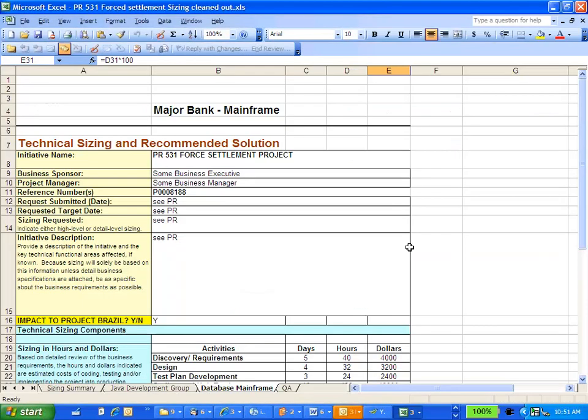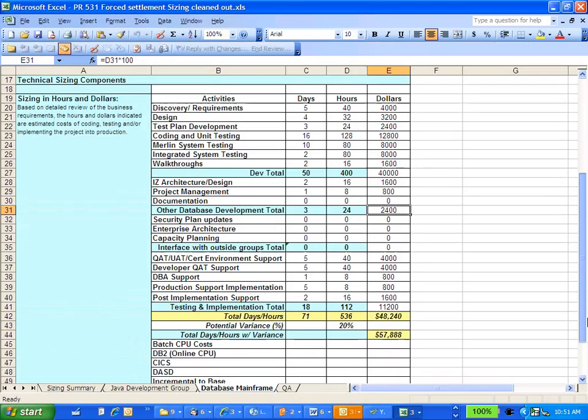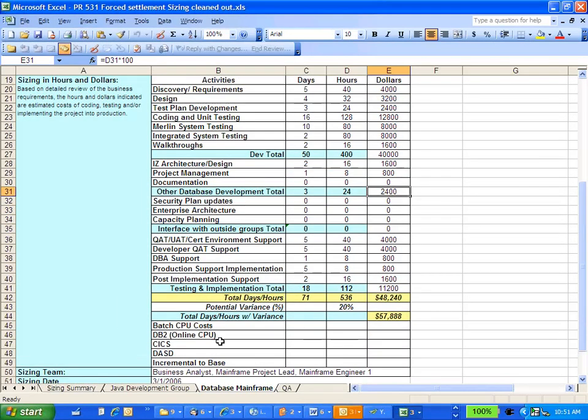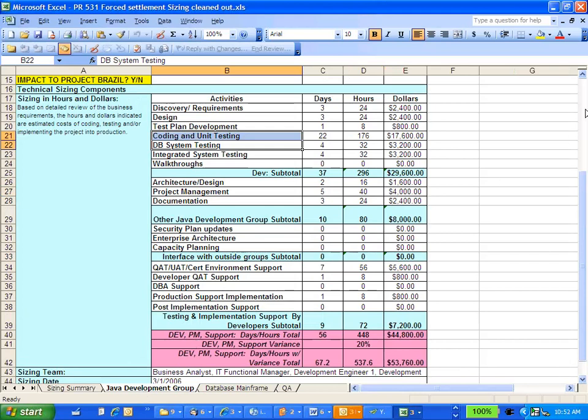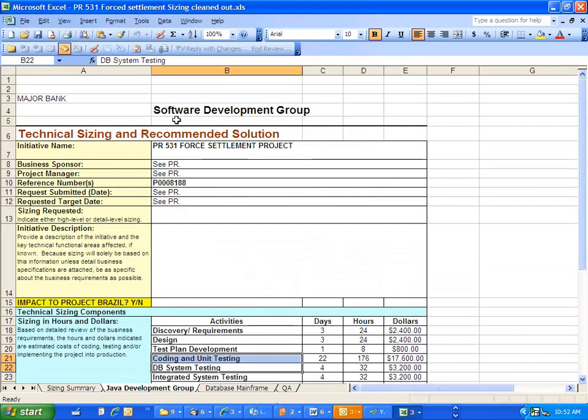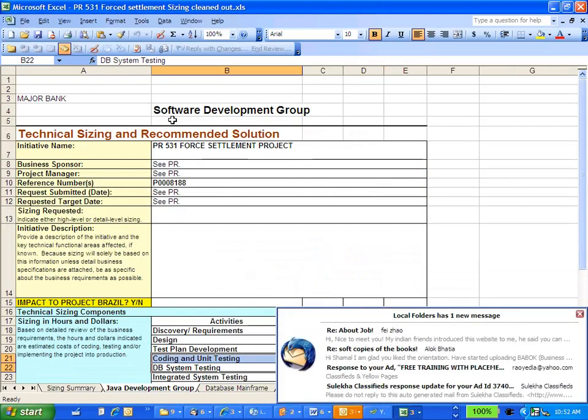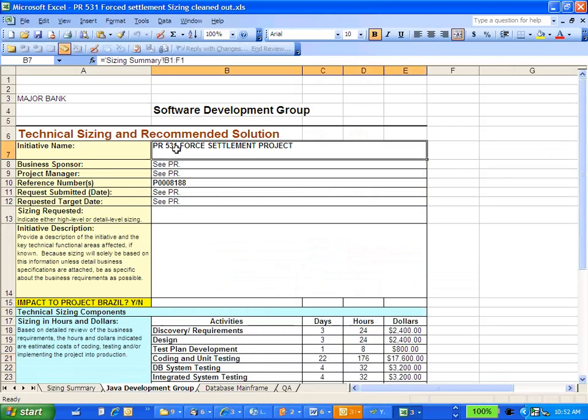Okay, so say you are working on a project, and they told you, hey, I want you to do a software sizing for such and such project. Okay, what will you do? Come to the second page in this that says the Java development group, a software development group, on the top. So what will you do?